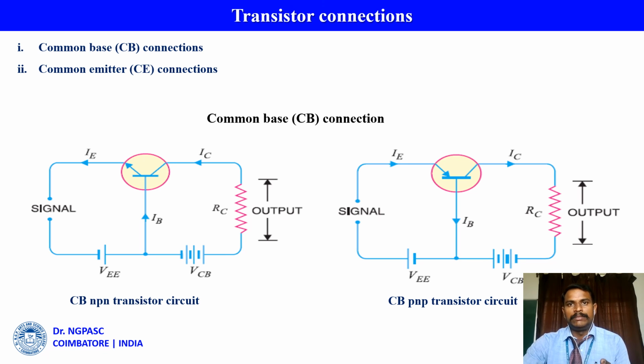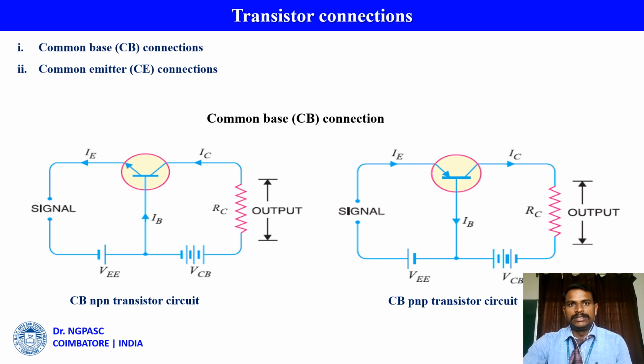Accordingly, the transistor can be connected in a circuit in the first way, common base connections, or common emitter connections. Each circuit has specific advantages and disadvantages. It may be noted that regardless of the circuit connections, the emitter is always biased in the forward direction, while the collector is always reverse biased.